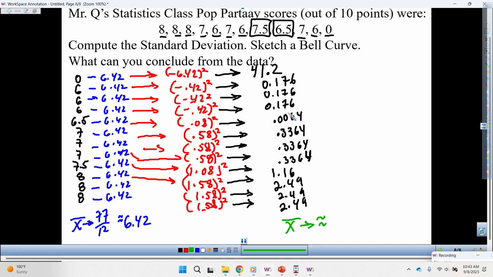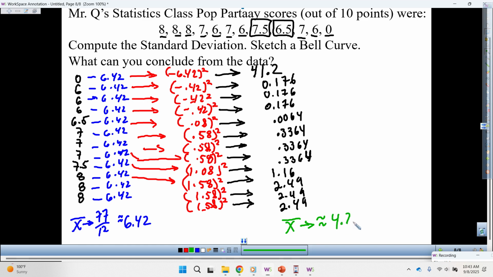All right. 41.2, 0.176, 0.176, 0.176, 0.0064, 0.3364, 0.3364, 0.3364, 1.16, 2.49, 2.49, and then divided by 12.